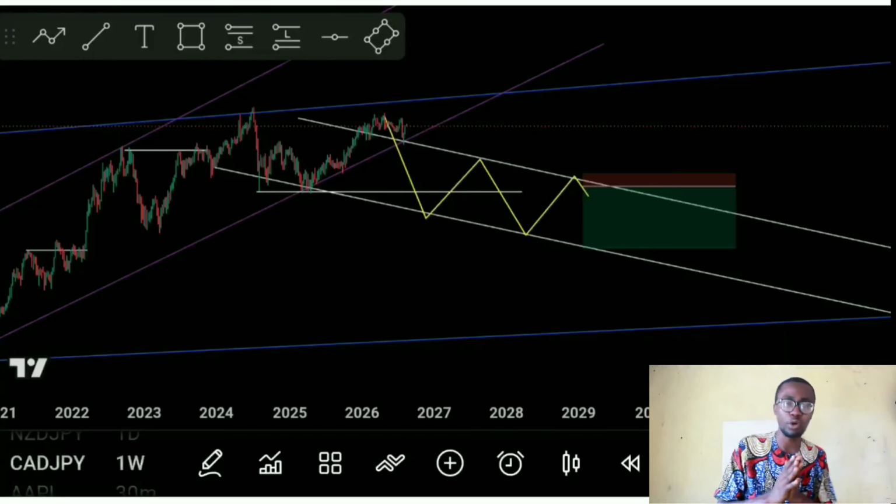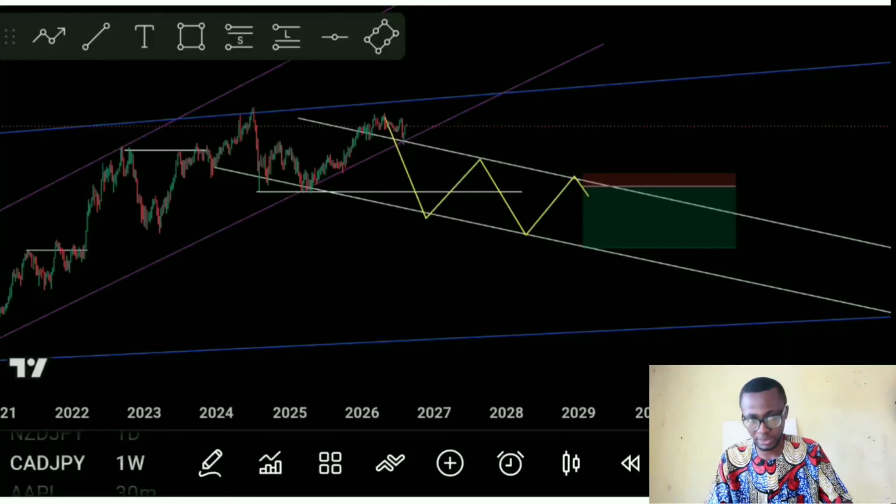So whenever you come to the chart, you draw out and check what is on the chart. Does it align with your strategy? If it doesn't align with your strategy, you ask yourself, what should happen for it to align with my strategy? You now mark it out. I want this to go like this. Then there should be a break of structure here before I enter a buy or a sell.